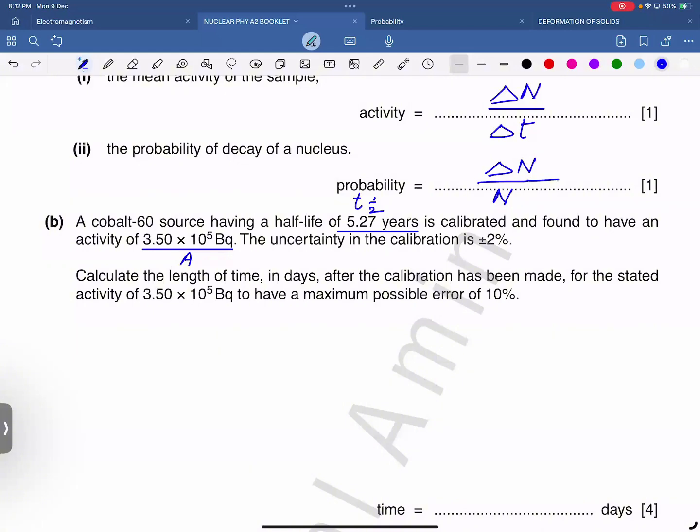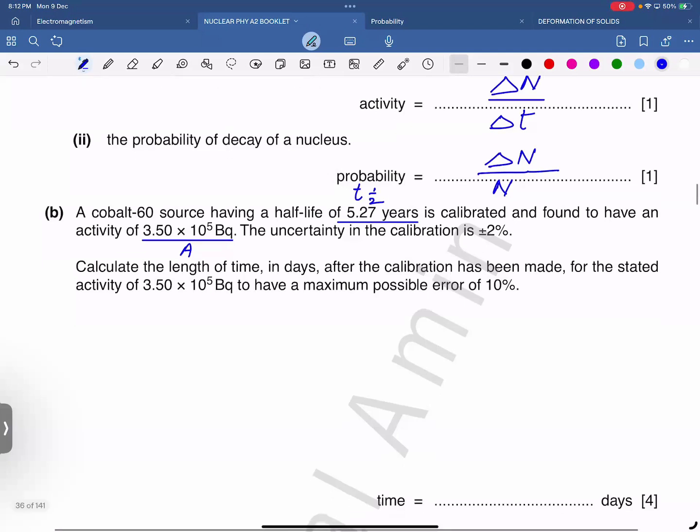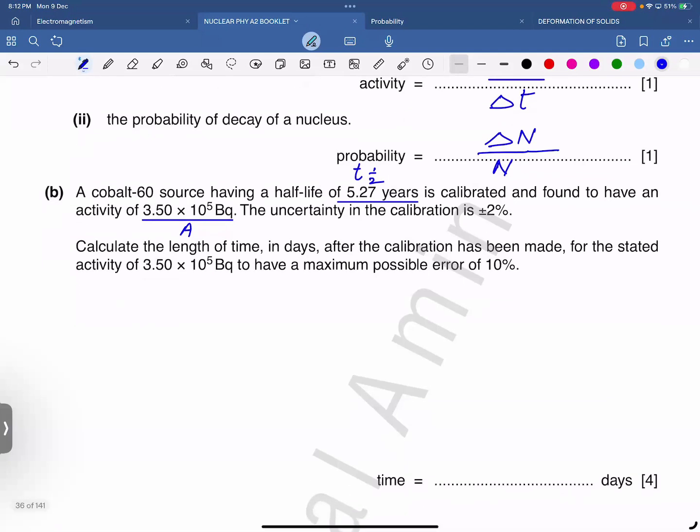Half-life you have, activity you have, you want the time, the equations you know. So first of all, can we find the decay constant? A is equal to A naught e power negative lambda t. Yes or no?